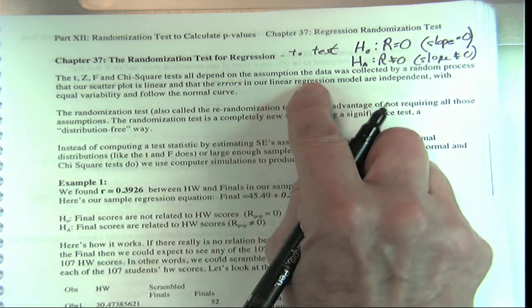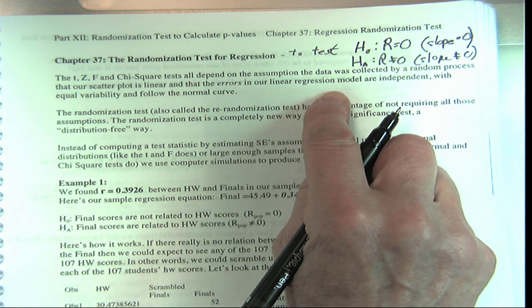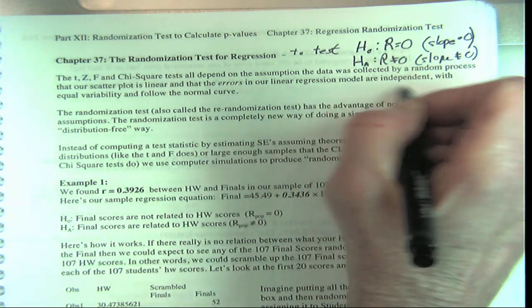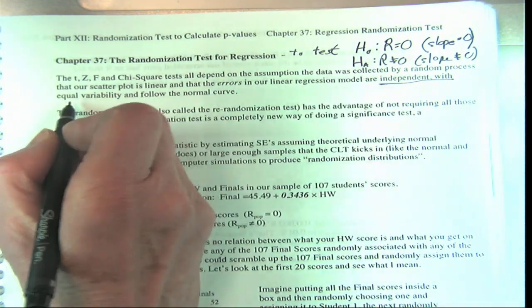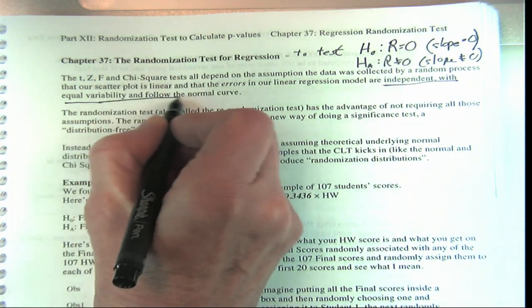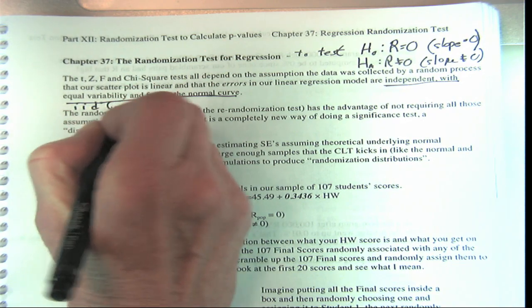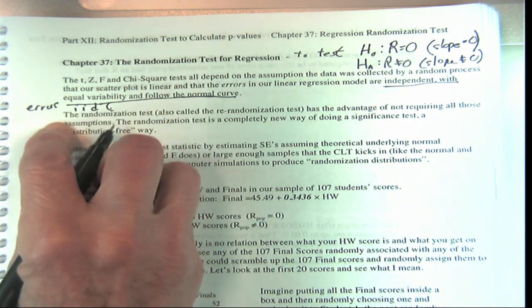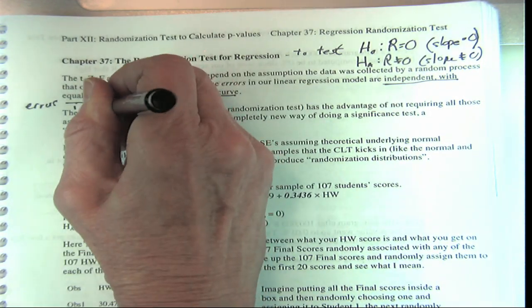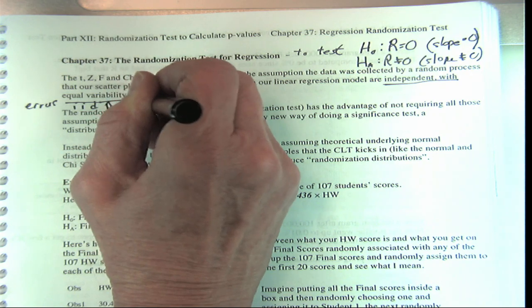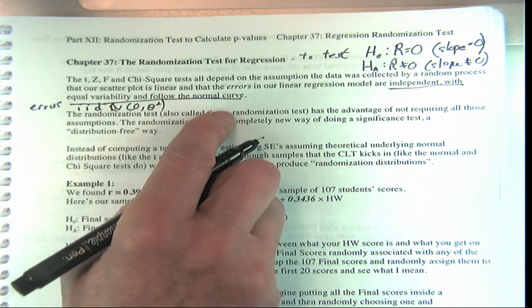So they all depend on the assumption that our models are independent, that the errors are independent with equal variability and follow the normal curve. In other words, we called it IID. The errors are independent, identically distributed with normal 0 sigma squared. Now, we don't have to use that for these. We don't have to worry about this.